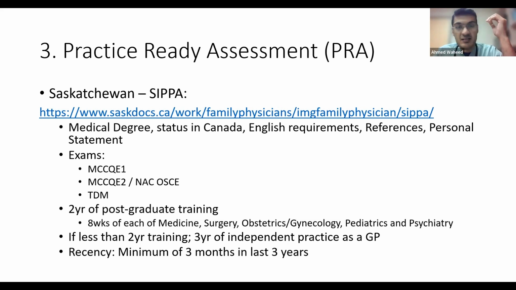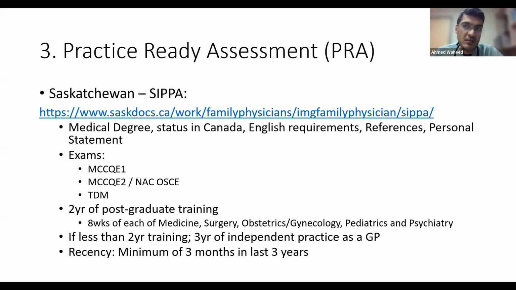Now, what they want is 2 years of postgraduate training. They don't want any family medicine experience in it, but they say there should be 8 weeks of medicine, surgery, OB/GYN, peds, and psychiatry. They don't want ER experience somehow. Now, if you have training of less than 2 years, for example, a person has done a training of 1 year, okay, then they say give us 3 years of independent practice as a GP.